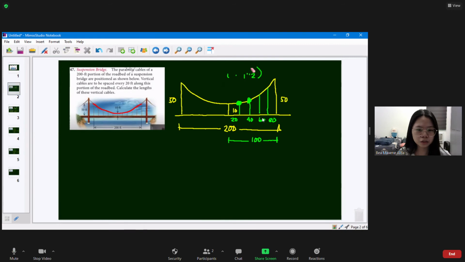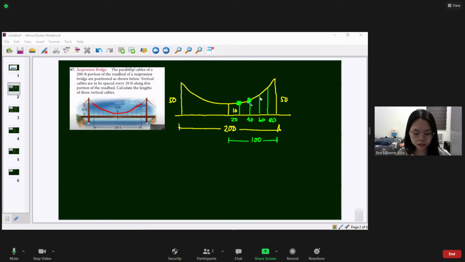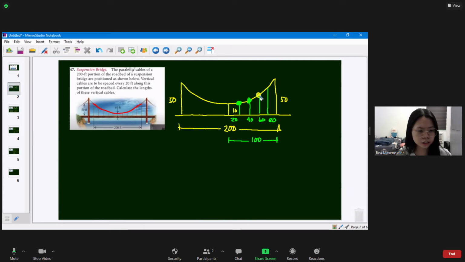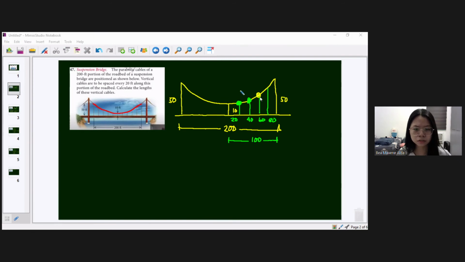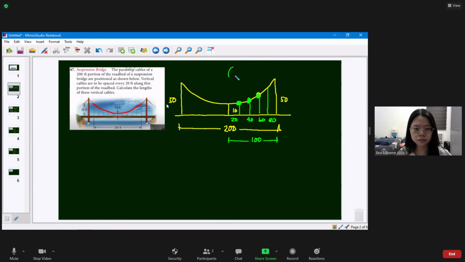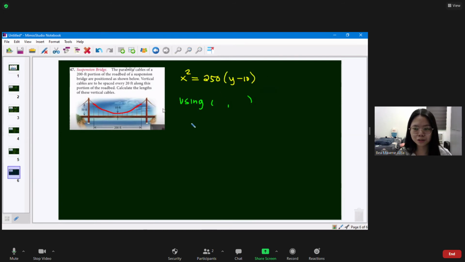Ayan. Ano ulit? So, kung may 20 na tayo, may 40. E di syempre, 60 na tayo. Yan. 60 H3 pala guys, sorry. Ayan. So, 60y. Okay. So, lagay na natin.